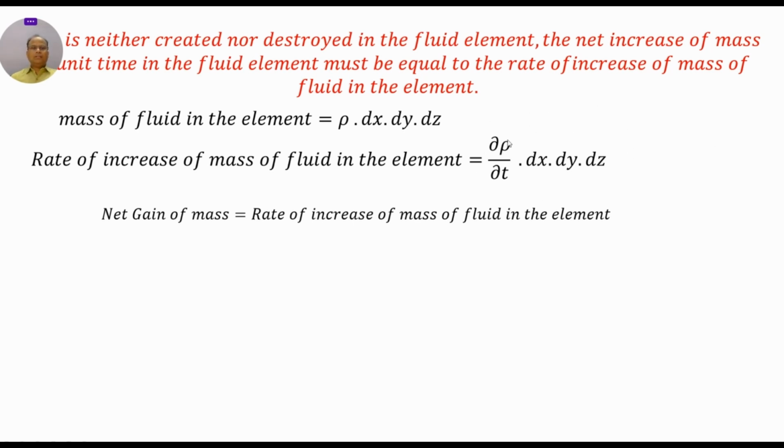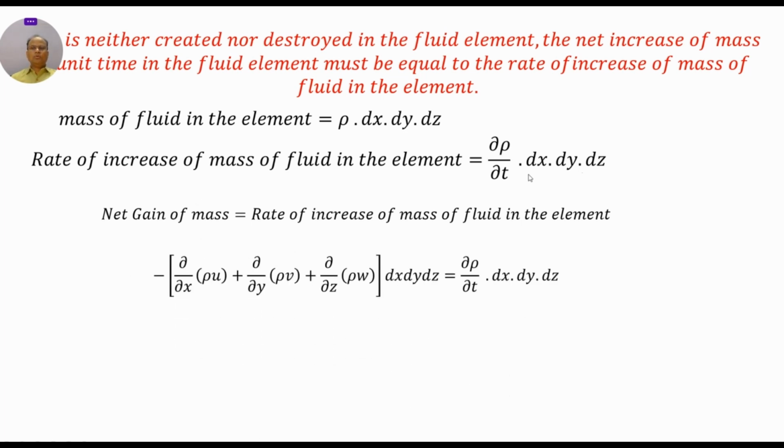We'll equate this rate of increase of mass with the net gain of mass. So minus [∂/∂x (rho u) plus ∂/∂y (rho v) plus ∂/∂z (rho w)] dx dy dz is equal to ∂rho/∂t into dx dy dz.